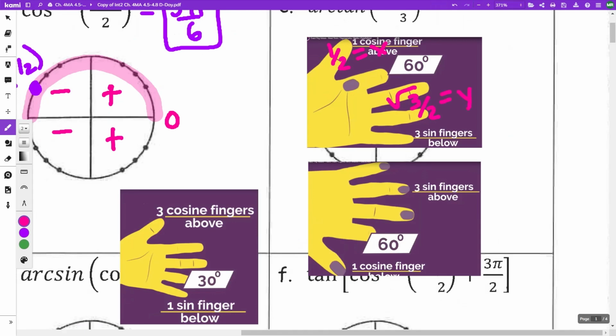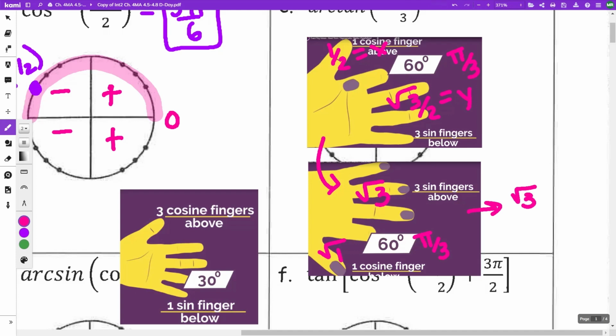Tangent is sine over cosine, or y over x. So we flip the hand over, and you see you have root 3 over root 1, which ends up being root 3. Now that, when it says 60 degrees, is pi thirds, okay?